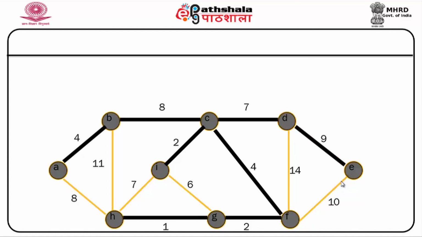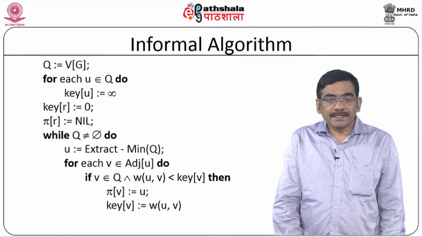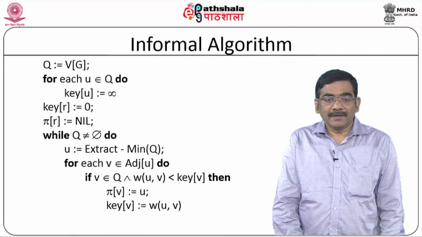So, you can see that this is a spanning tree that I am getting. All the nodes are present, and this is the lowest cost spanning tree. So, this is the informal algorithm.